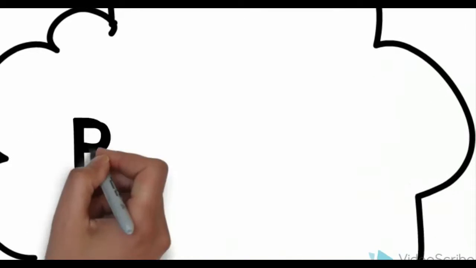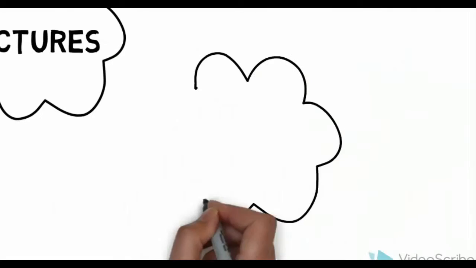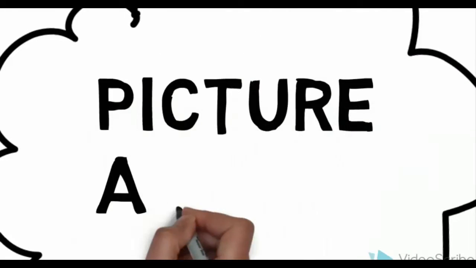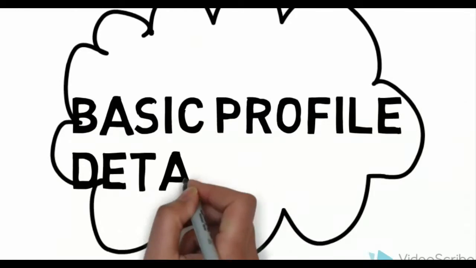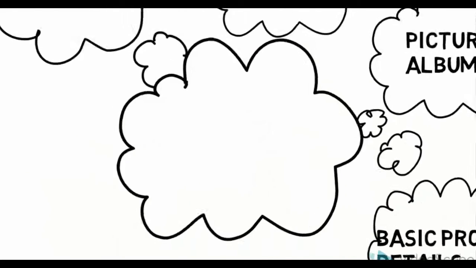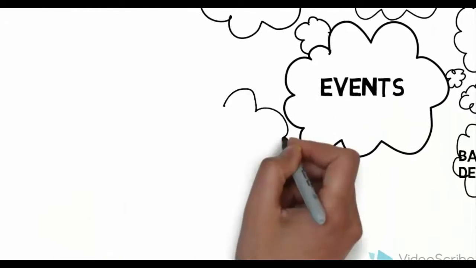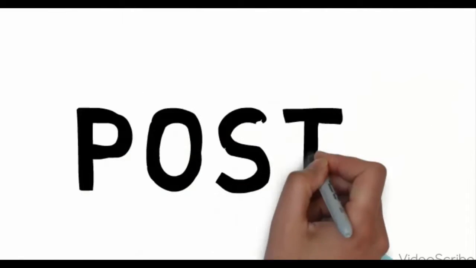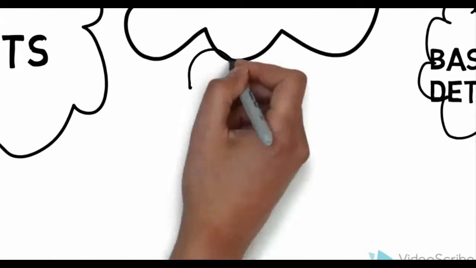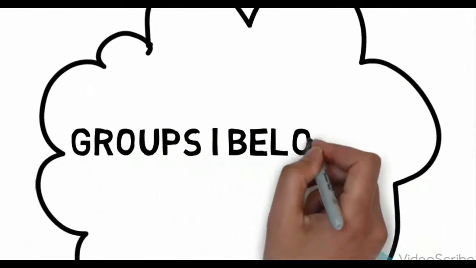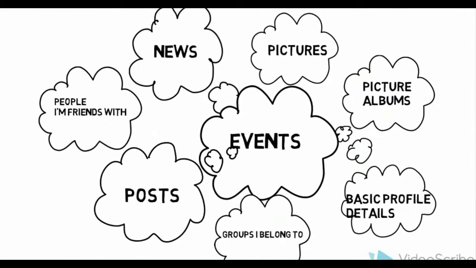Possible answers: first, news; next, pictures; after that, picture albums; then basic profile details; or events or posts; then people I am friends with; and finally groups I belong to.